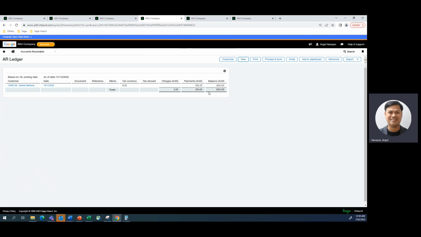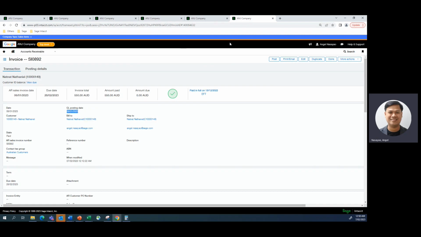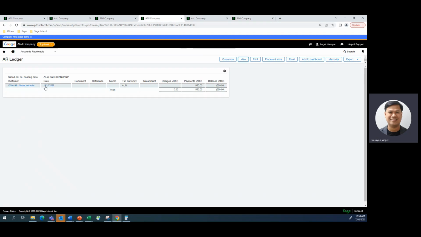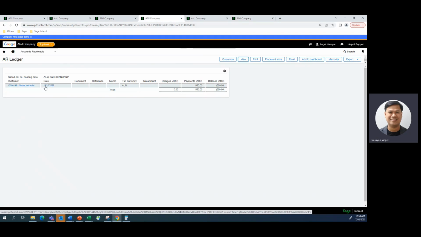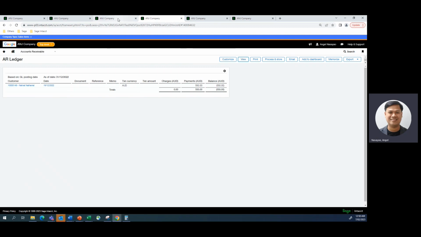So it is appearing as negative in your AR ledger, all because with the AR ledger, the only transaction recognized is the payment, which is dated on the 19th of December 2022, as indicated in this report. So that's the discrepancy in there.